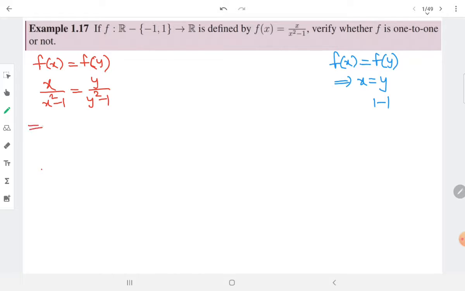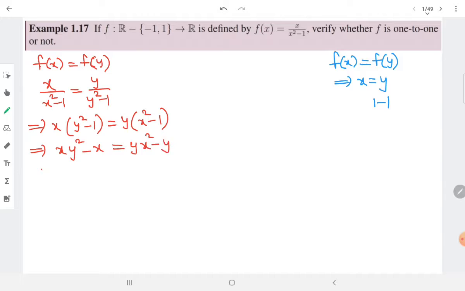After this, we just do cross multiplication. So x(y² − 1) = y(x² − 1). Next, multiplying inside, you get xy² − x = yx² − y.